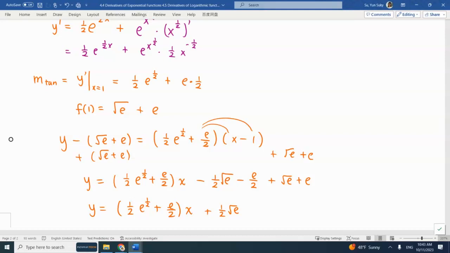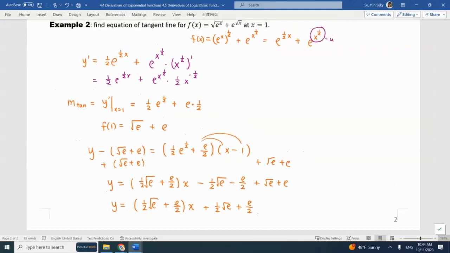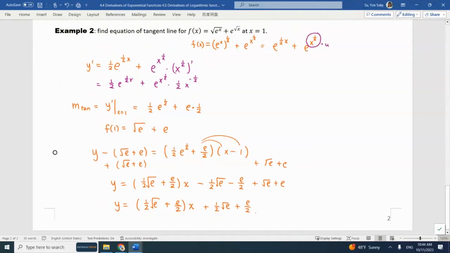Question: is it possible to change the e to the 1/2 into the square root? Yeah, sure. Of course, they're the same. If you like to change this, you can also change this. So this is the answer. Okay, this is the tangent line. So far, so good, everybody? Yes.